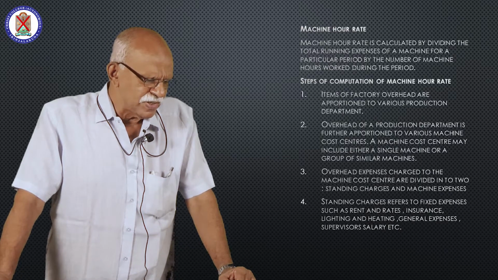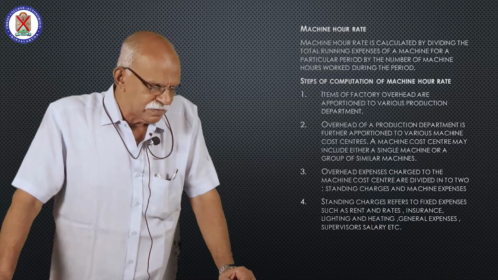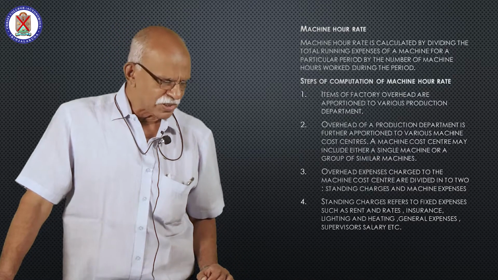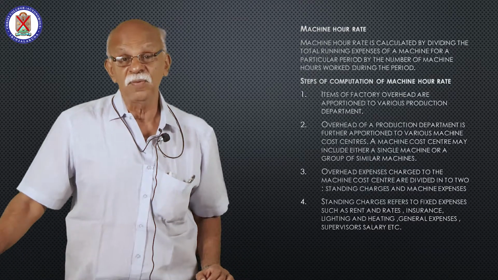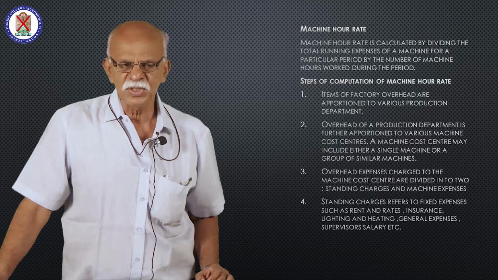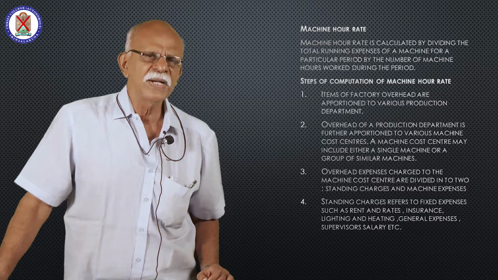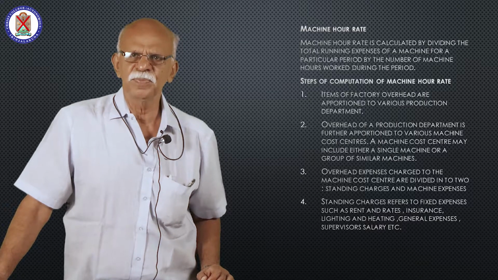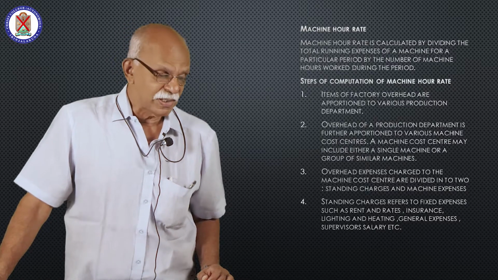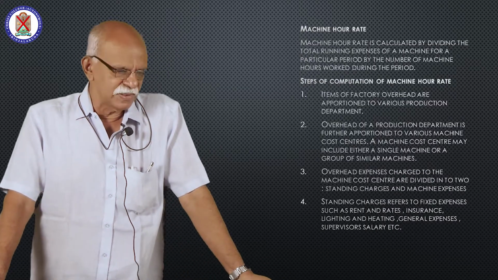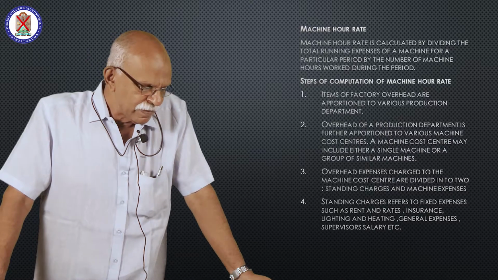When you calculate the machine hours, unproductive hours should be avoided. Unproductive hours means, for example, hours used for setting up the machine. That is not productive, so unproductive hours should be excluded while calculating the machine hours worked.